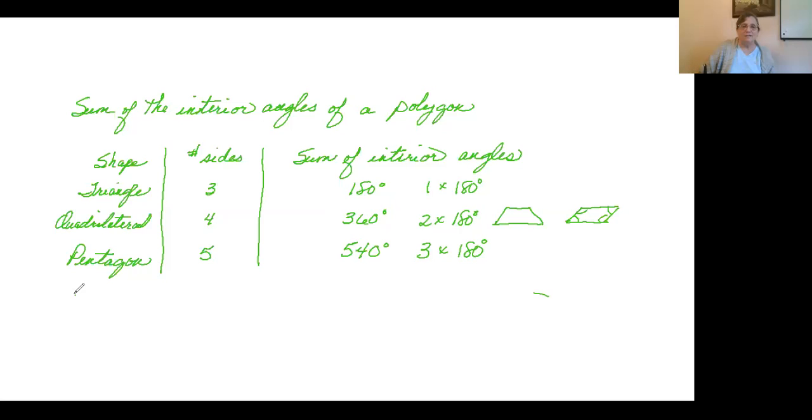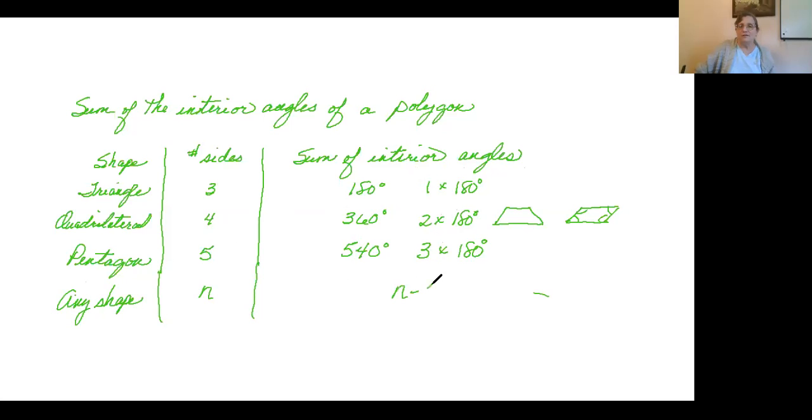For any shape, if you let the number of sides be n, the sum of the interior angles is always going to be, notice that 3 sides is 1 times 180, 4 sides is 2 times, 5 is 3 times.